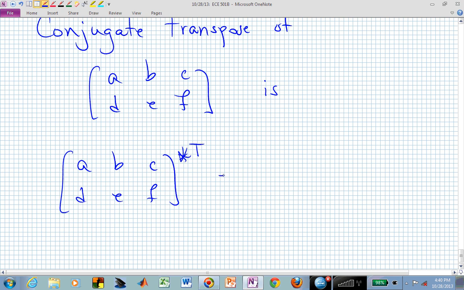You could say, okay, if we transpose that, then the rows become columns. But now we said we need to take the complex conjugate of each of those, so that we now have A star, D star, B star, E star, C star, and F star.